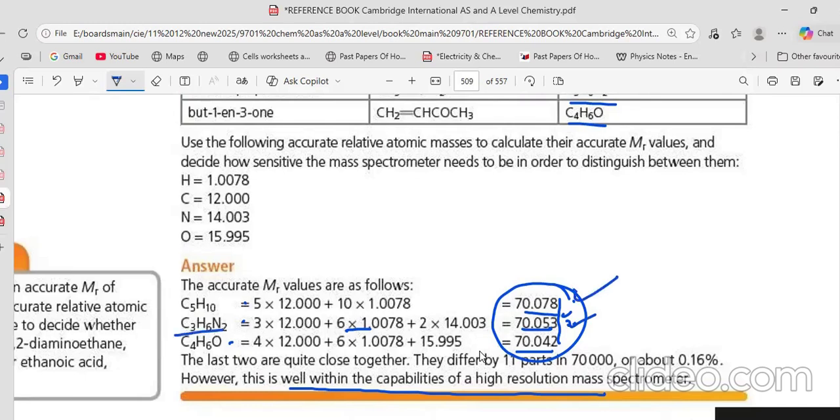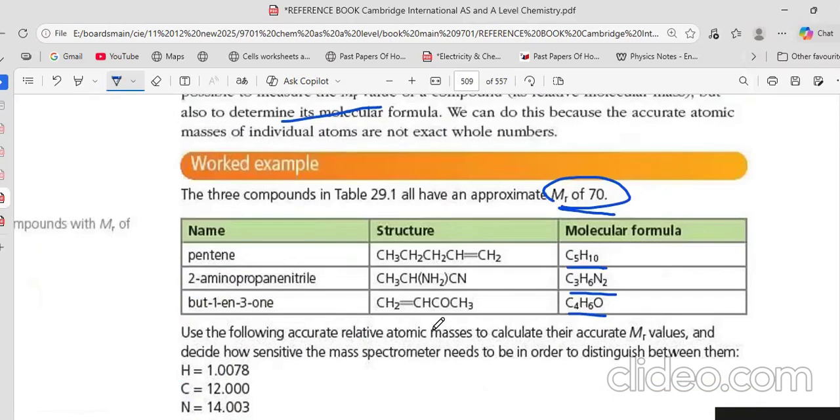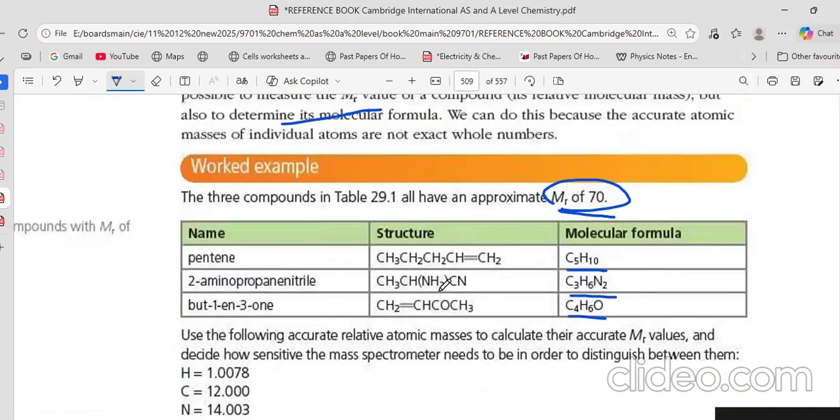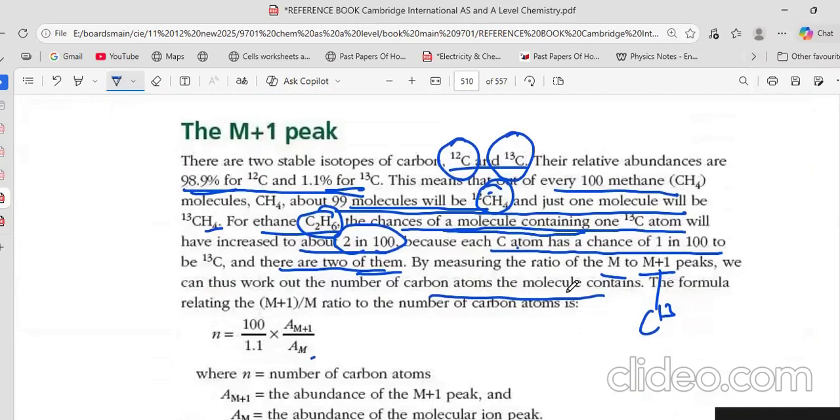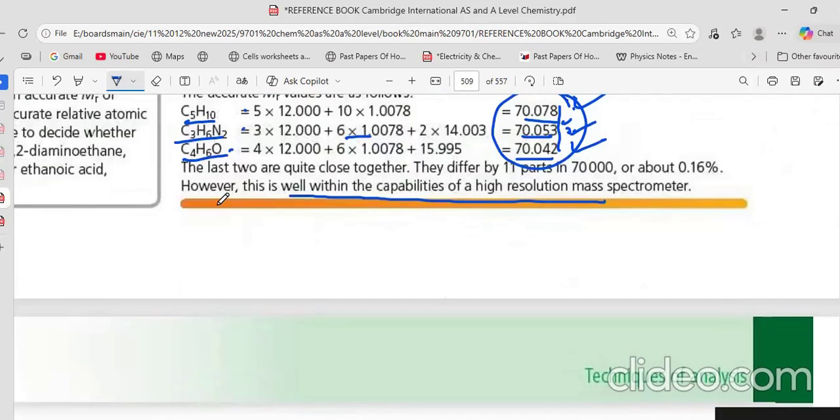If it is 70.078, it is this. And if it is 70.042, it is this. We can find the molecular formula by knowing the approximate mass; if the masses are very close, mass spectrometry will identify what exactly the mass is, and then the molecular formula.